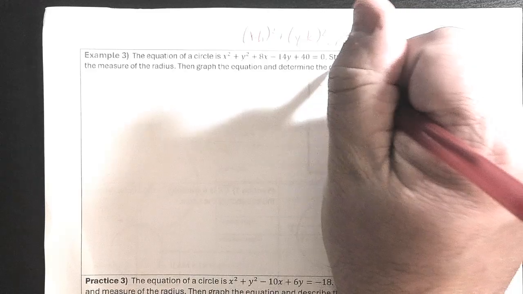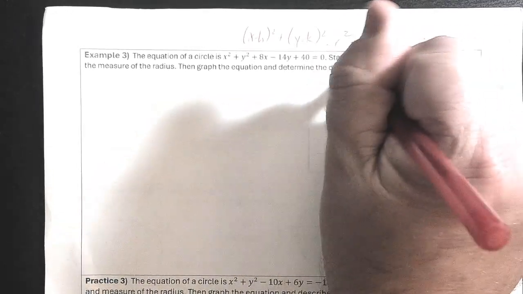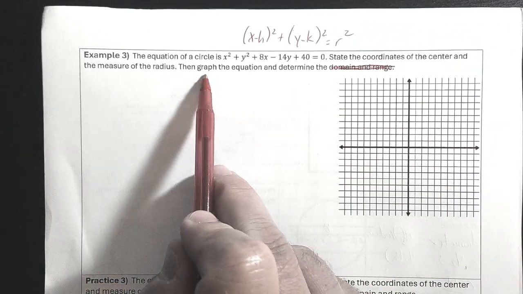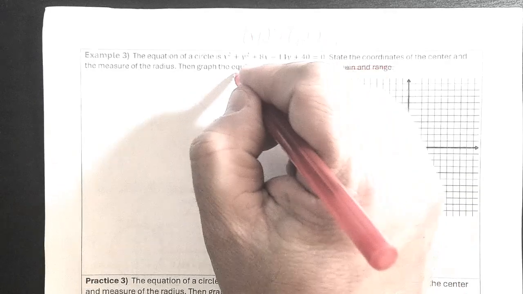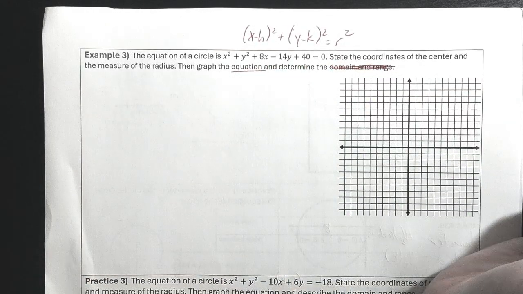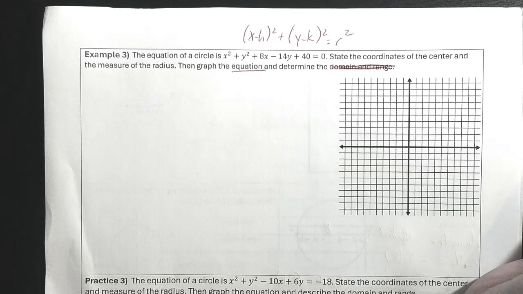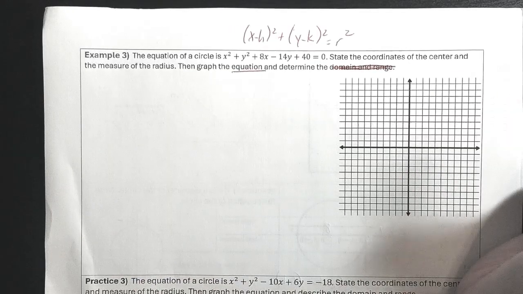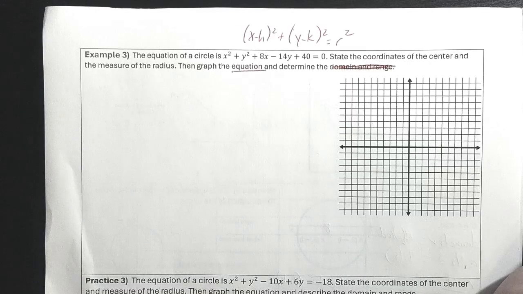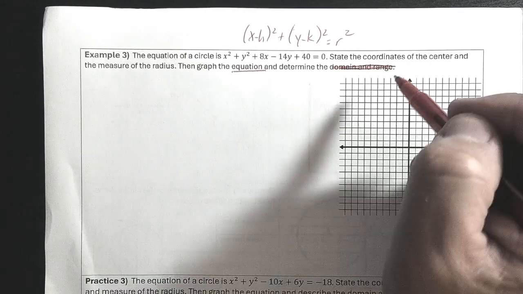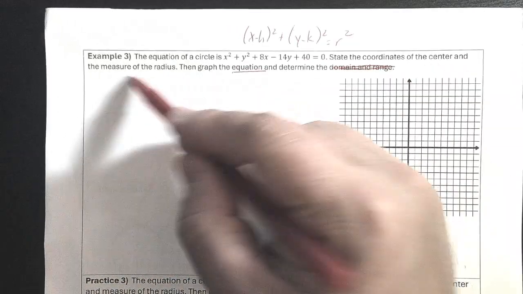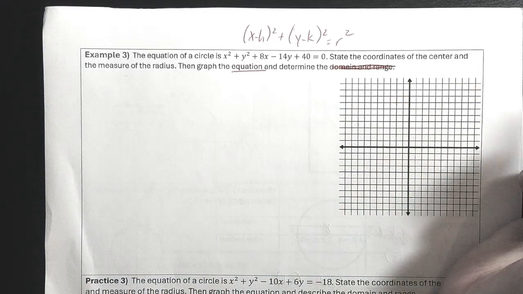We're not going to do the domain and range. We're just going to focus on the equation. In fact, I'll graph it, though it won't be very good because I don't have my compass here. But we will do the equation. State the coordinates of the center and measure the radius. We're going to get that.